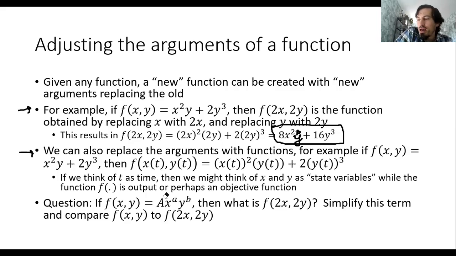How often do you see this? What do they look like when you do see them? They have this form to them, but I want you just to be comfortable with it. F of x of t and y of t is just like f of x and y, only x and y are now variables of t.